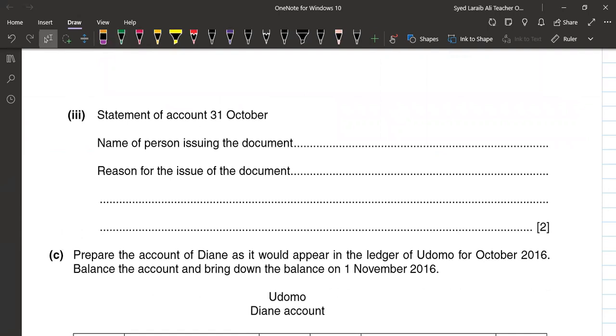The third is statement of account. Statement of account is issued by the supplier. The name of the supplier is Odomo here. The reason behind this is to demand the amount receivable, or to demand the amount which is owing at the end of the month.